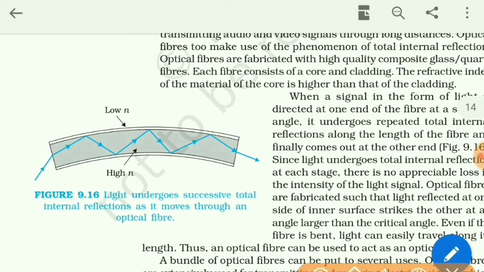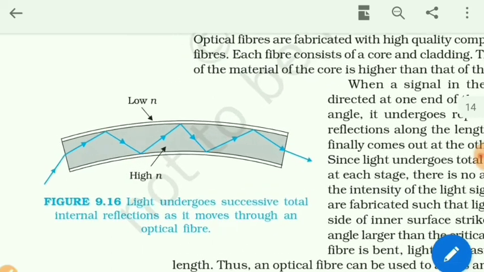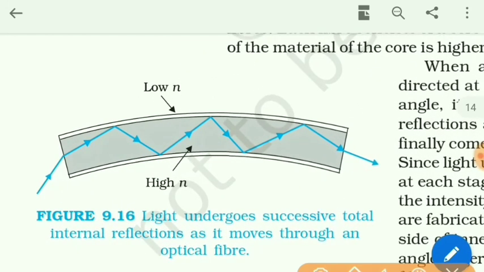Students, here an optical fiber is shown. Here this core region that is inside it is not hollow, it is made up of glass or quartz. It is a glass fiber or quartz which is a little flexible so that this wire can be bent.